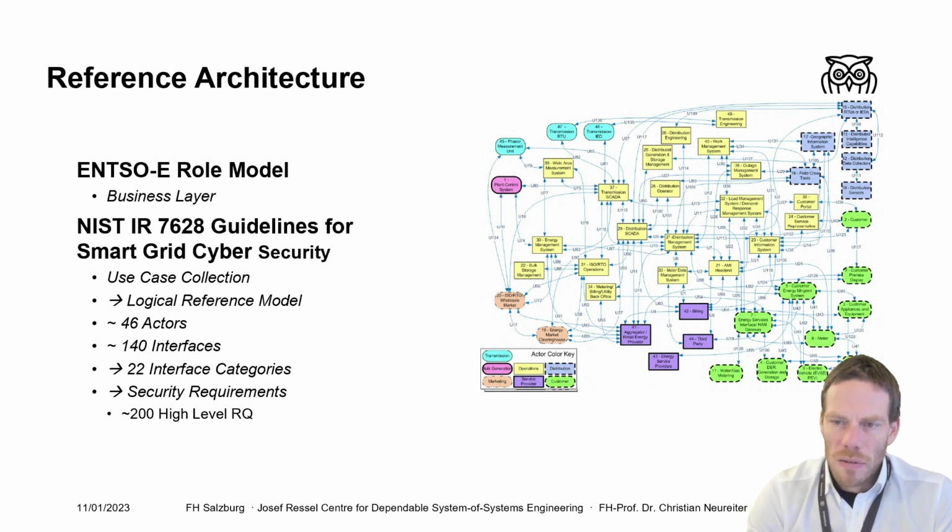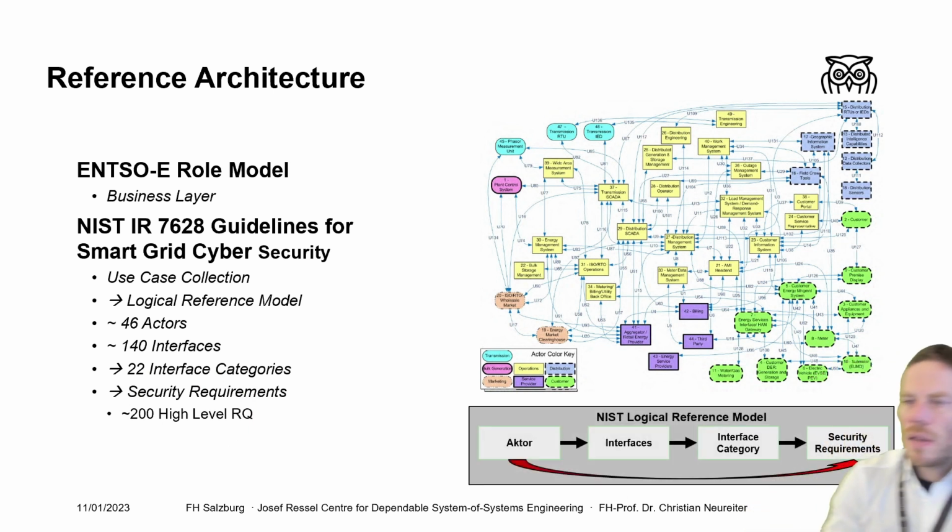So this means, in the end, if you create a smart grid architecture and you know which actor you're going to use, or you are able to identify the corresponding actor from the NIST logical reference model, then you already know which interfaces this actor has and to which interface categories these interfaces belong.